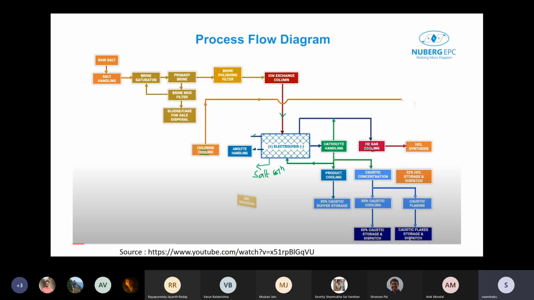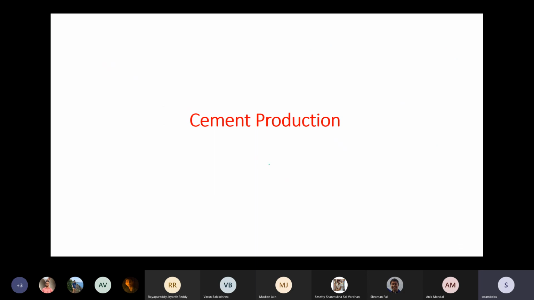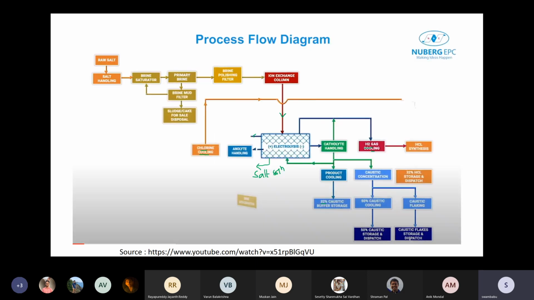That HCl makes sure that whatever Na+ ions are there will be combined and form the proper NaCl solution. So this is all about chlorine and NaOH production from the brine solution. If you have any questions on this topic, you may please ask.